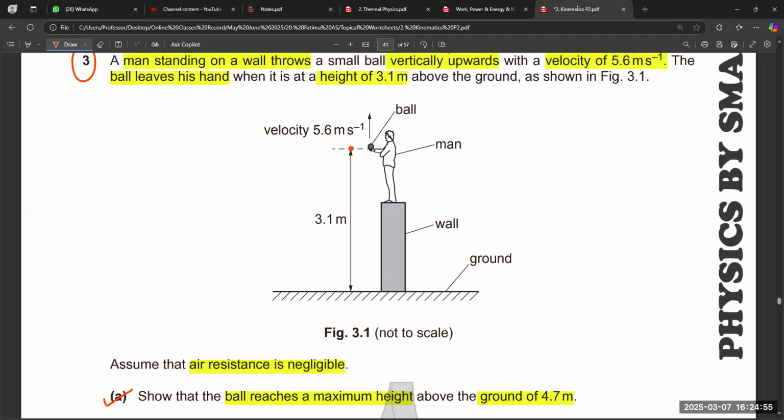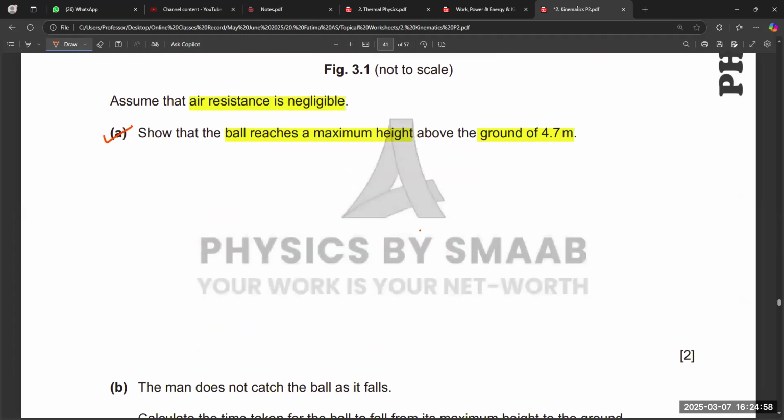So now in this scenario, it is very much clear that we are talking about vertical upward motion. Vertical upward, because to apply equation of motion, it is compulsory to consider linear motion or constant acceleration. So this time we are taking a straight movement in upward direction.